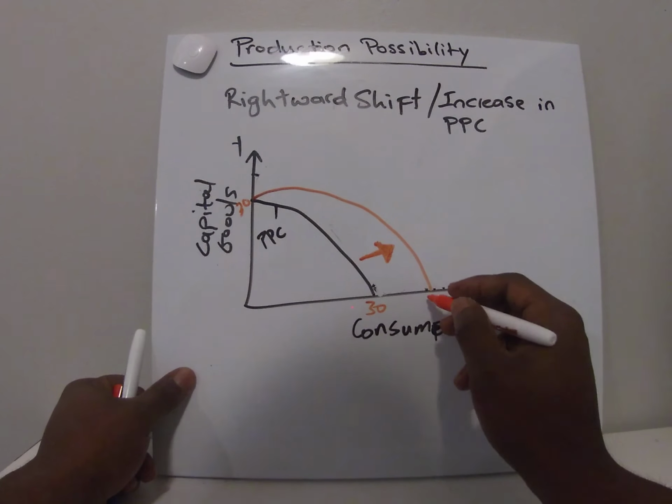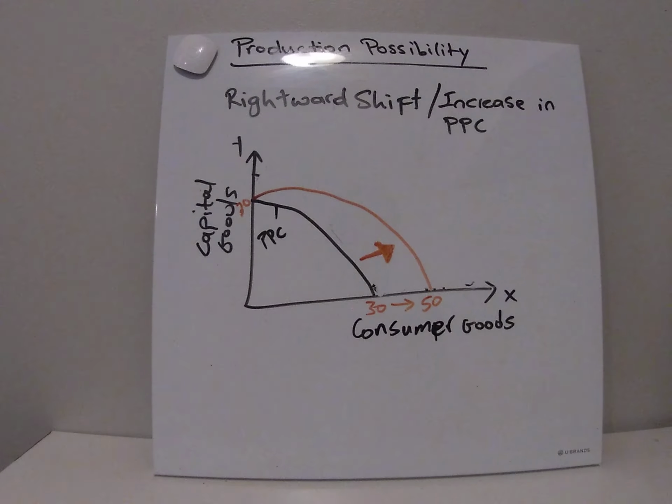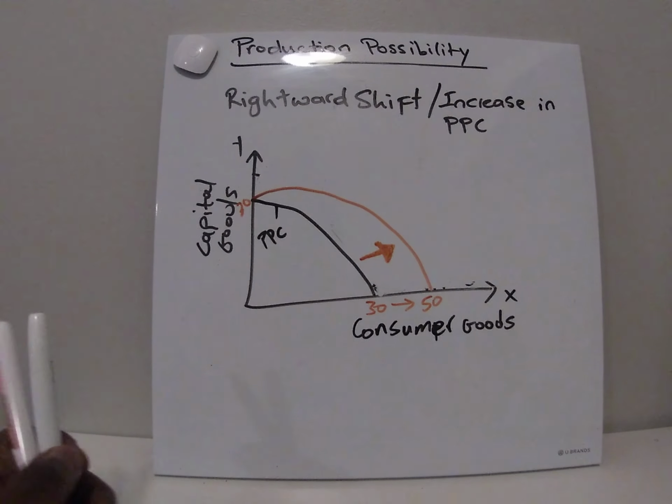So you see an increase in the production of consumer goods while the capital goods remain constant, because the technology used improves only consumer goods in this case, and not consumer and capital goods. So that can cause a pivot to the right.